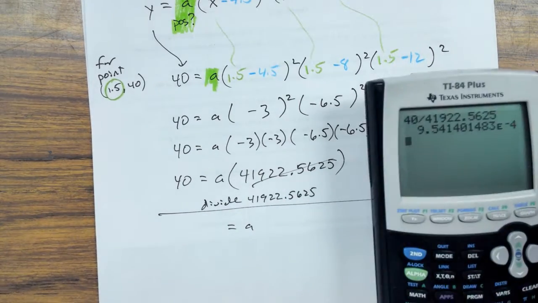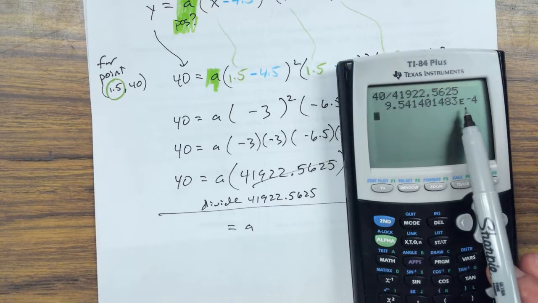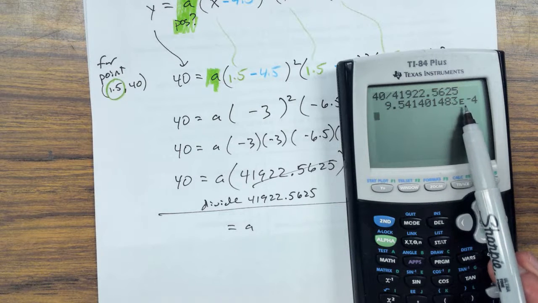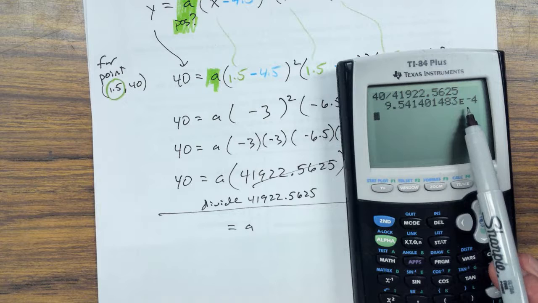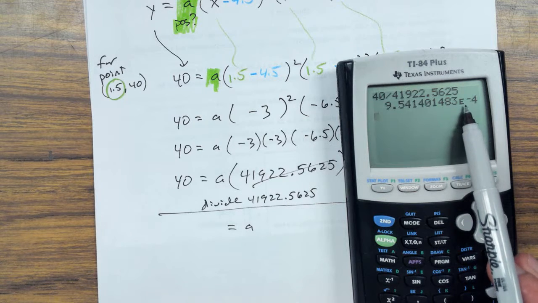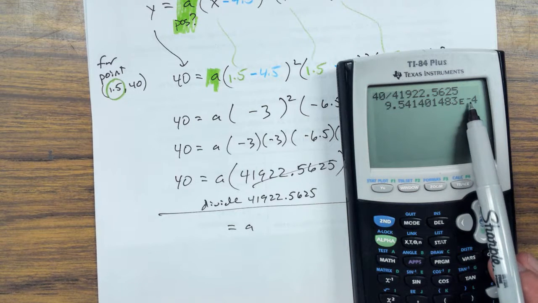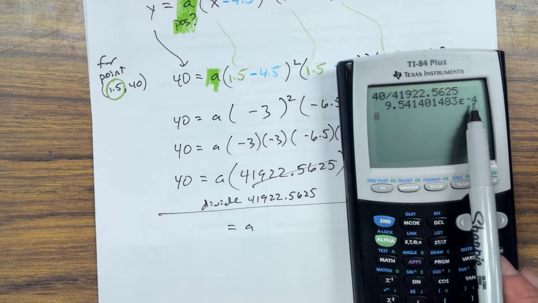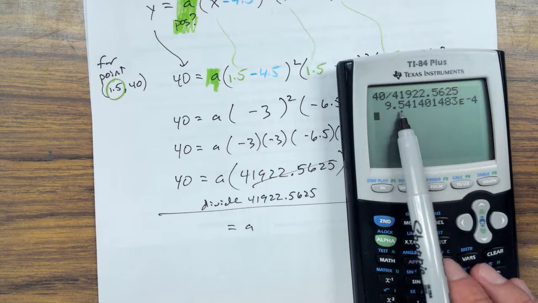Now a lot of calculators are going to give us one of these E's. That's scientific notation that's been showing up more and more these past recent weeks. Remember, this just means scientific notation. When it's a negative, that means you have to move the decimal 4 times to the left to get the right answer. If it's a positive, you move the decimal to the right.